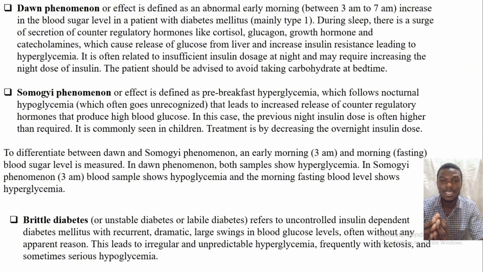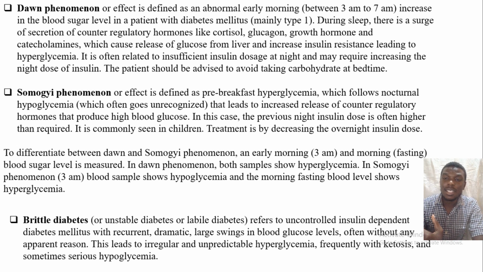So when you test this patient's blood sugars in the morning at 7 a.m., you find that they are high. But when you test around 3 a.m., you find that in the Somogyi effect the blood sugar levels are low. That's the difference between these two phenomena.